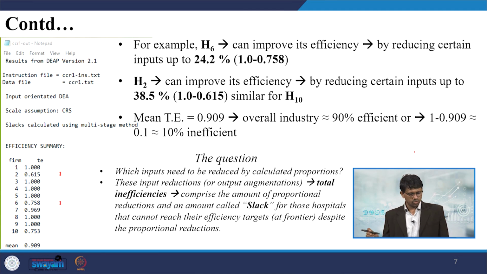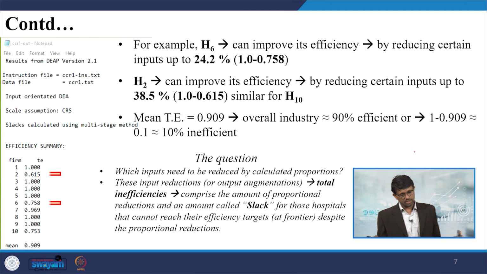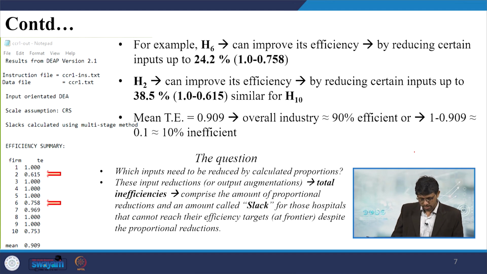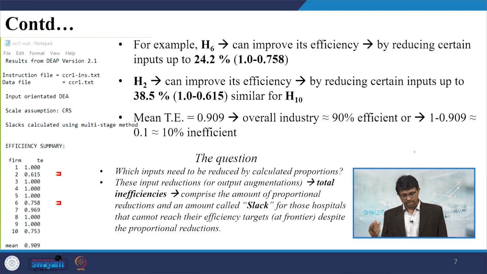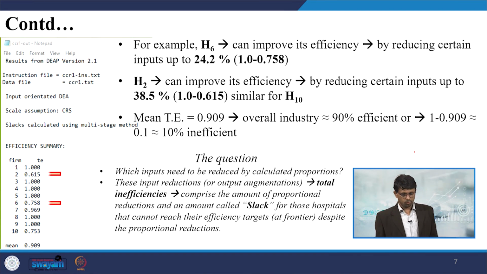And similarly, you can also explain for H10, since they are the inefficient firms. Here the total efficiency mean score is actually 0.909. This is also called the whole industry, overall 10 hospitals efficiency, that means they are 90% efficient. So, 10% inefficiency is still there, that can also be improved by individual level improvement.